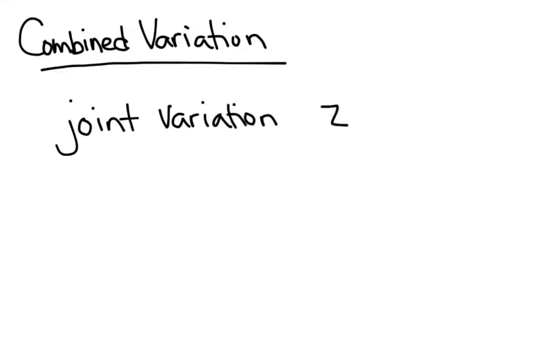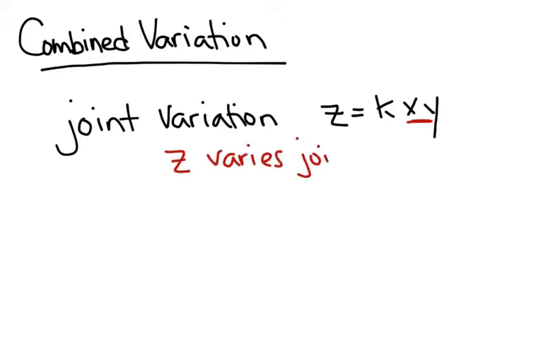So if I said z is equal to k times x times y, since there are two quantities being multiplied by the constant, we say that z varies jointly with x and y. Sometimes they'll say with the product of x and y. It really doesn't matter.